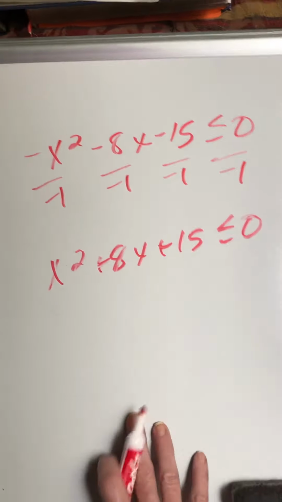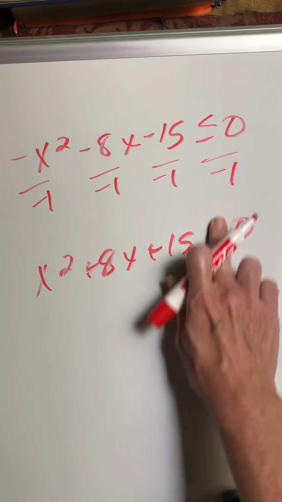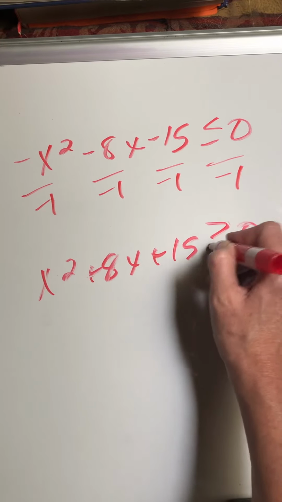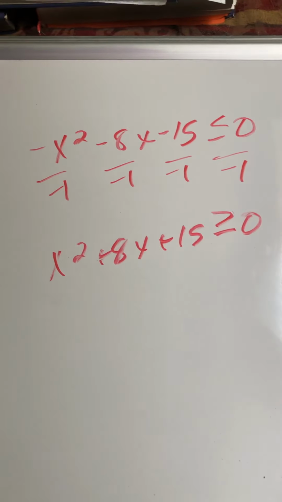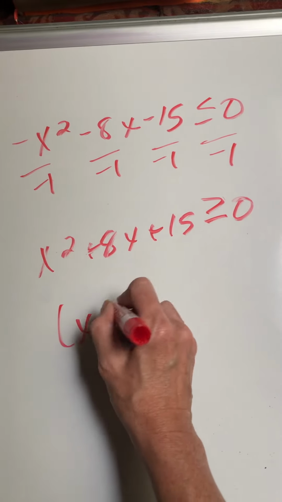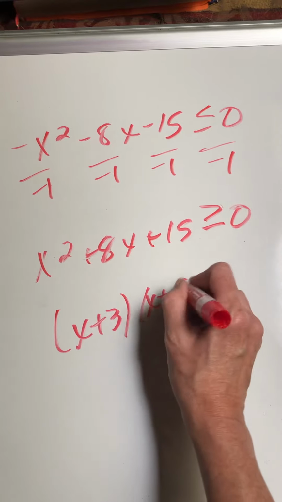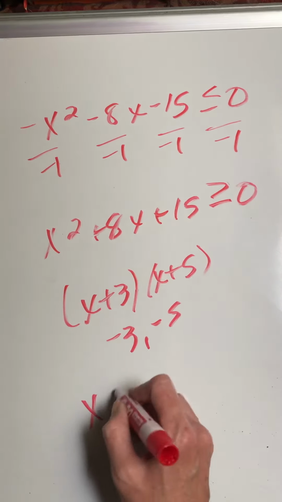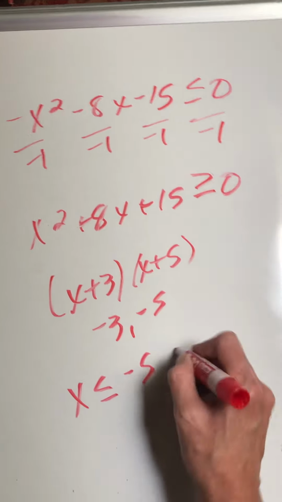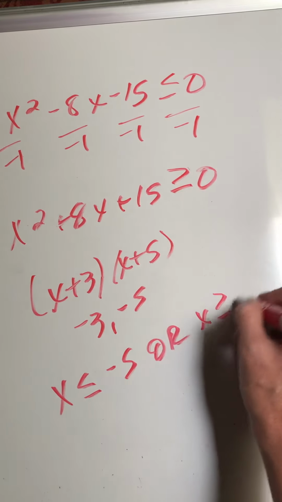So it looks like a conjunction at first. Oh, I didn't flip my inequality. But then it changes because you divide by a negative. And don't leave that x squared negative. So you want to make sure you change the signs. So (x plus 3)(x plus 5). That's a -3 and a -5. It's a disjunction. x less than or equal to -5, or x greater than or equal to -3.